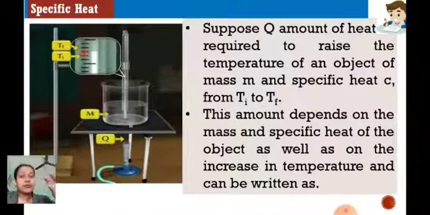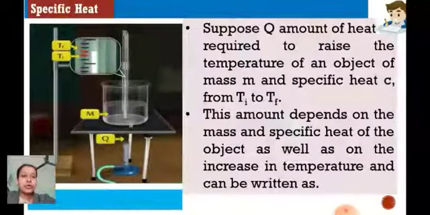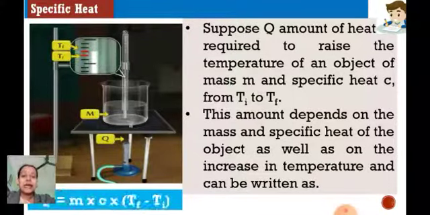The amount of heat also depends on that temperature range, so accordingly you are going to give the heat. Therefore the formula for the amount of heat is Q = m c delta T.